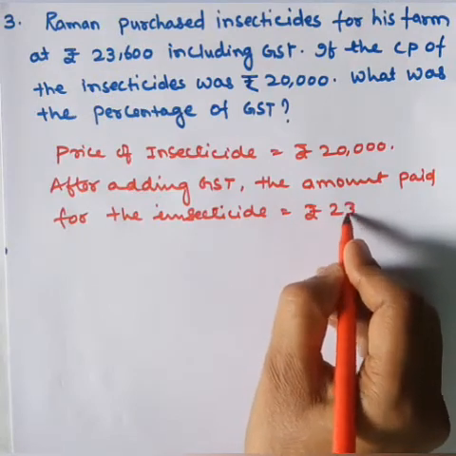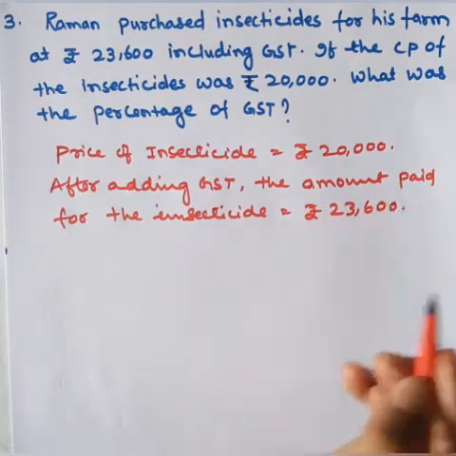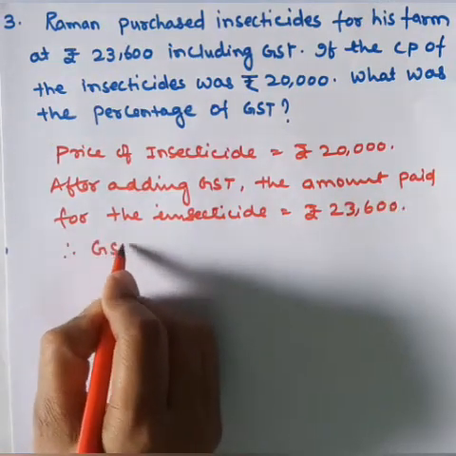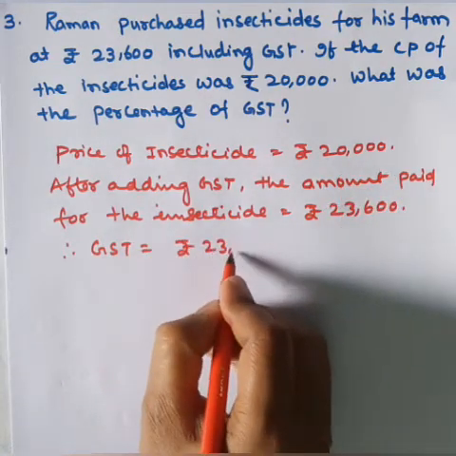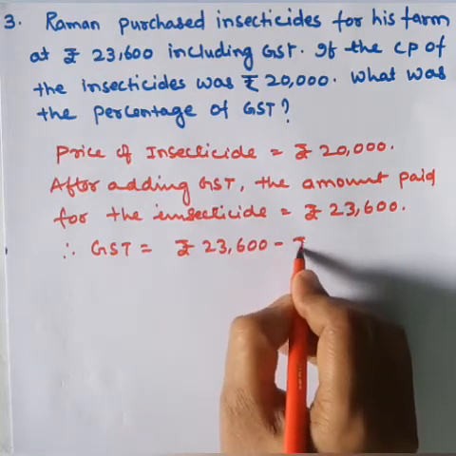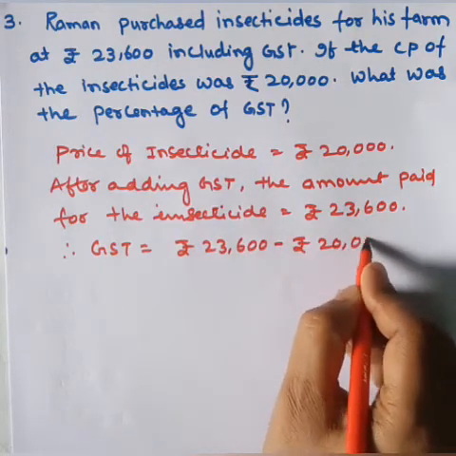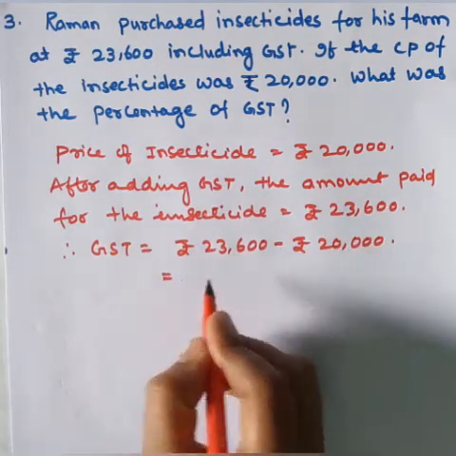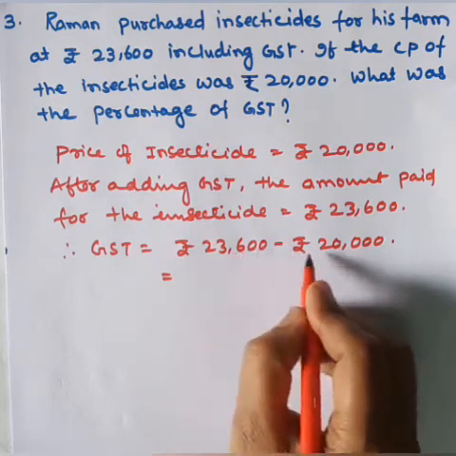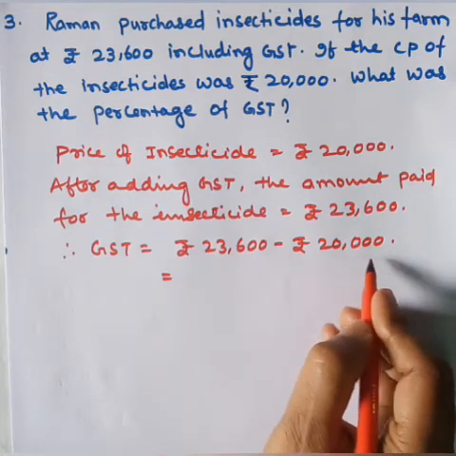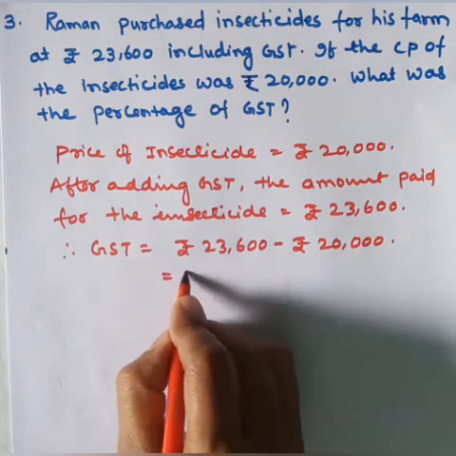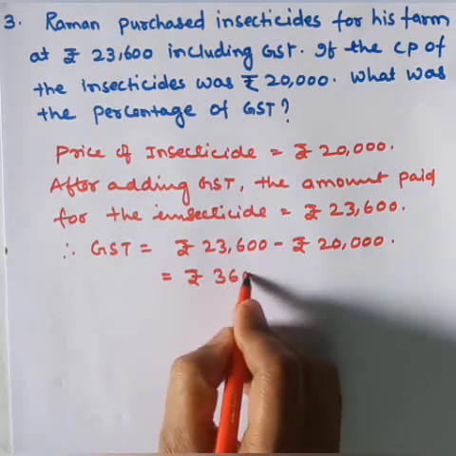Rupees 23,600. That means what is the GST then? GST is the difference of these two. Okay, so rupees 23,600 minus rupees 20,000. So how much is this? You can directly calculate it. This is 3,600. See, 23,600 minus 20,000. So that is rupees 3,600.